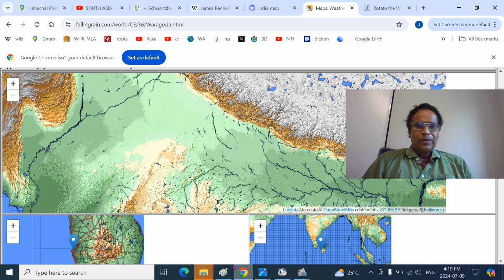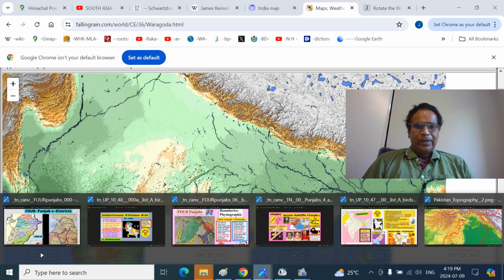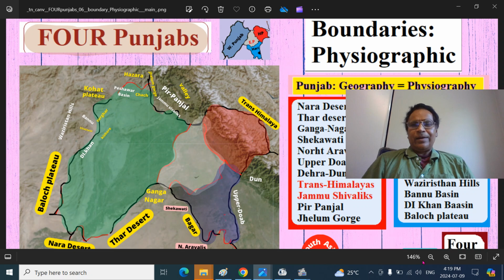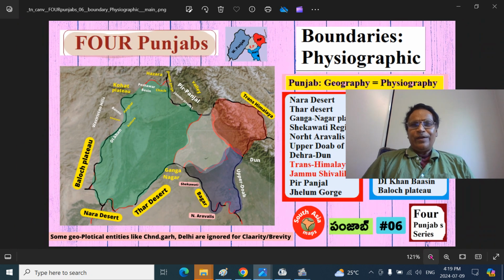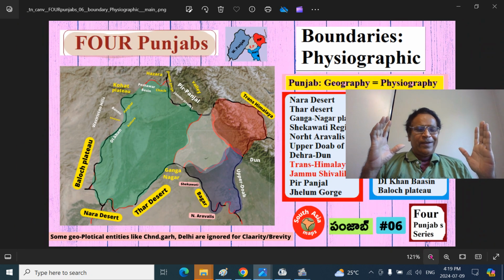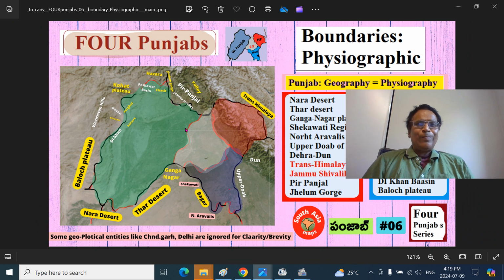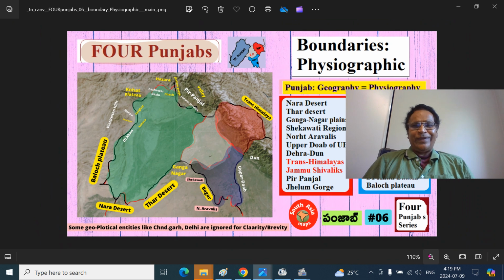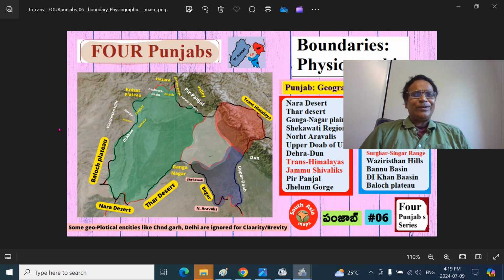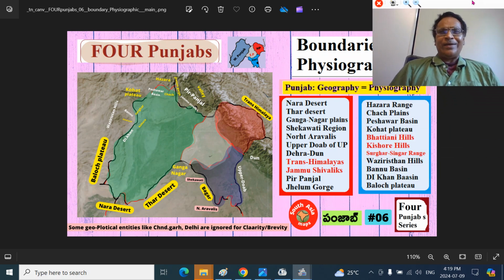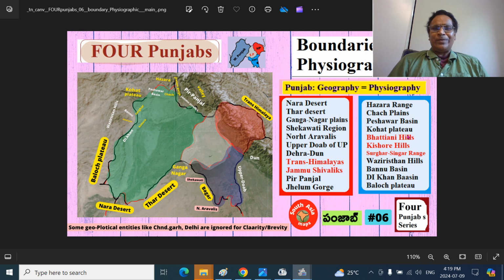So I hope that will give you a deeper, broader understanding. If you take the four Punjabs, just block them, don't look at them physiographically the way we looked at the 50 regions before, and just look at the surrounding areas, not from a political perspective, just a geographical or physiographical perspective. That's what you get.